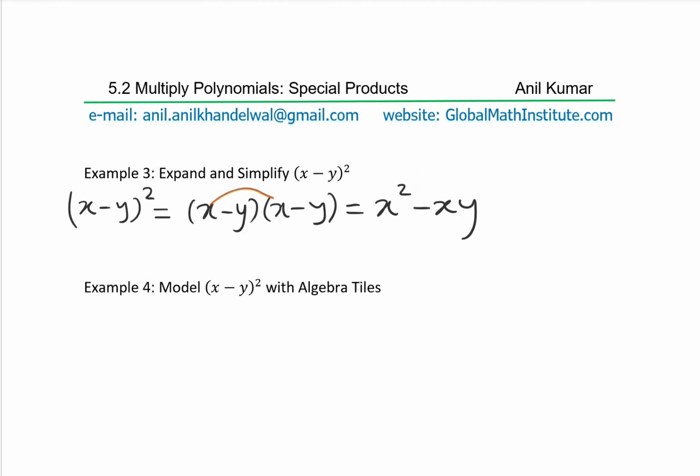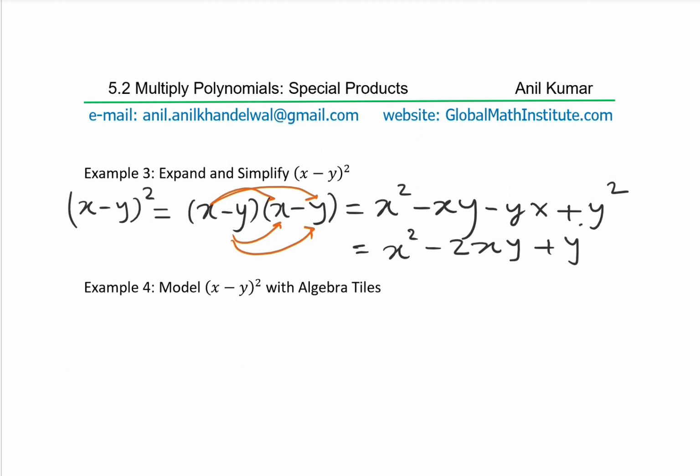I have multiplied with x these two terms, and now I'm going to multiply with minus y, same terms. So minus y times x will be minus yx, and minus times minus becomes plus, we get plus y squared. Now, if we combine the like terms, which are right there in the center, we get minus 2xy plus y square. So it is sum of the squares with minus 2xy.